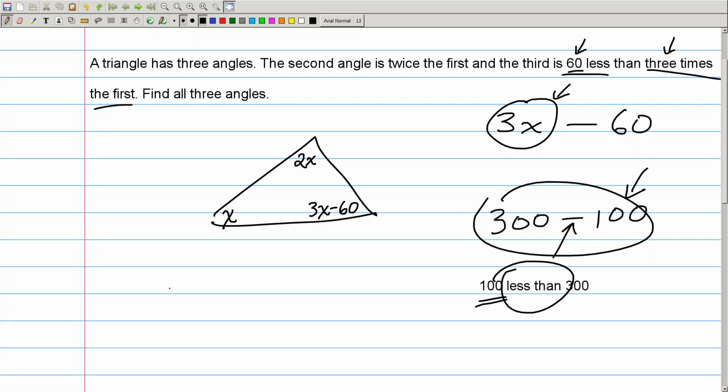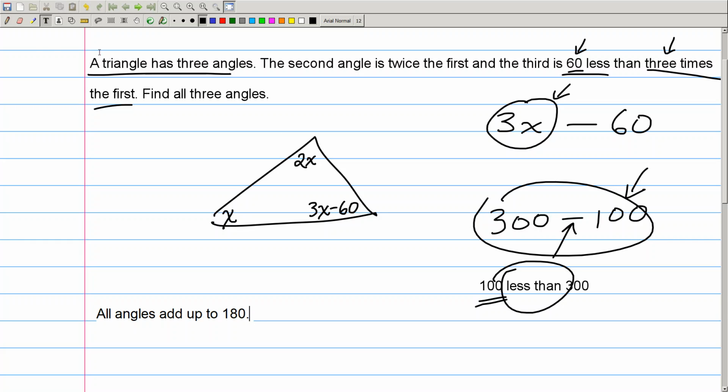How do you write that in terms of an equation? We need an equation here. That's the essence of algebra. The equation is basically dependent on the angles of a triangle. What do all angles in a triangle add up to? They add up to 180. So all angles add up to 180.